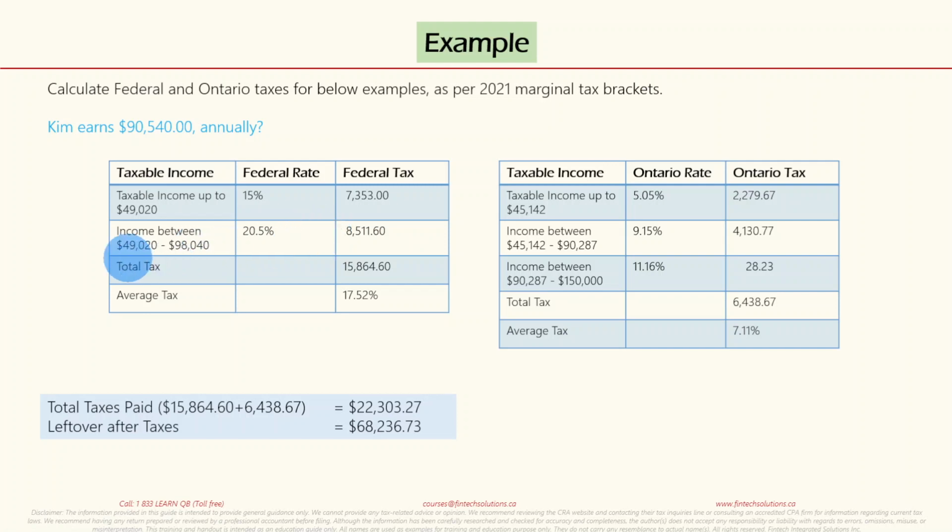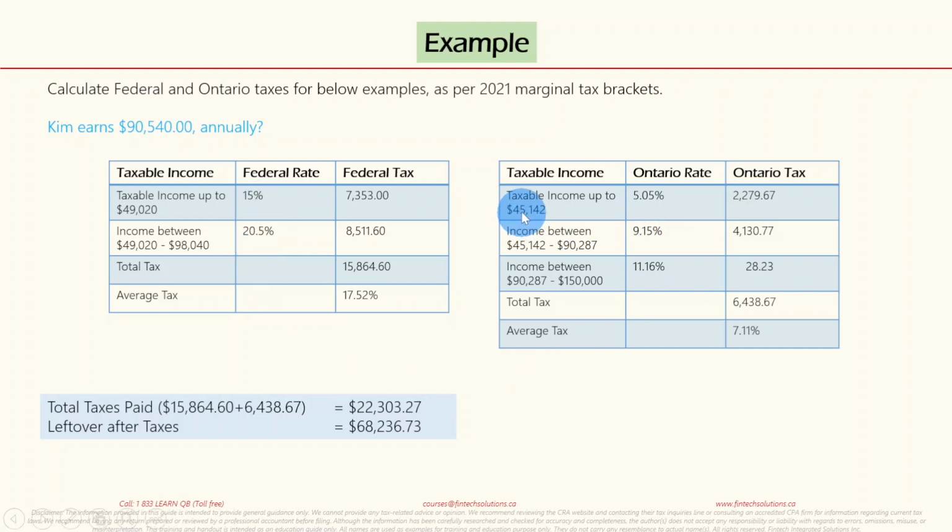So we'll have to do the math: 90,540 minus 49,020 times 20.5%, because she's within that bracket. So that federal tax amount is $8,511.60. So her total federal tax is $15,864.60, with the average tax of 17.52% due to the marginal tax bracket or the progressive tax system.